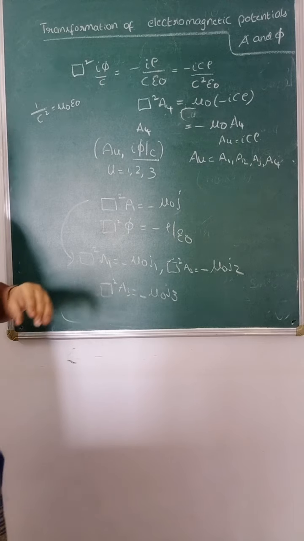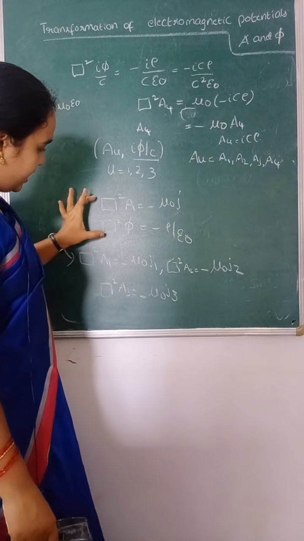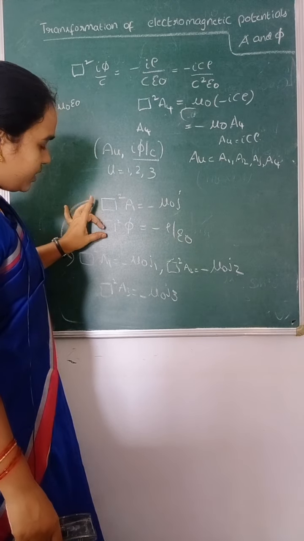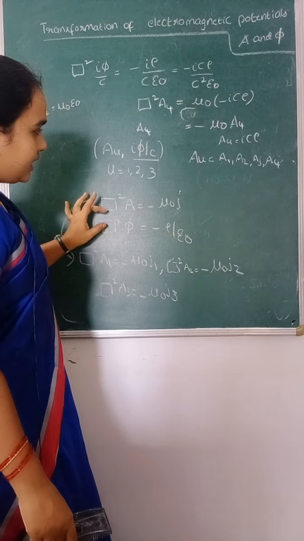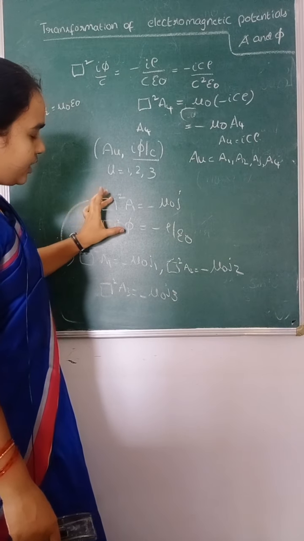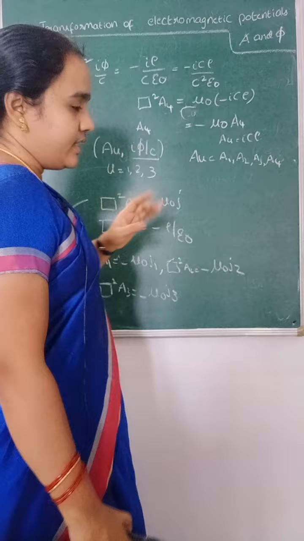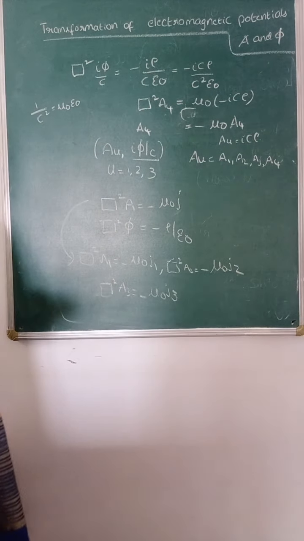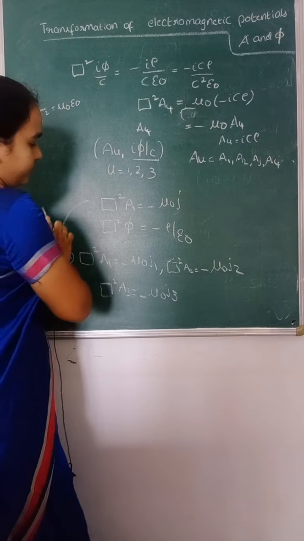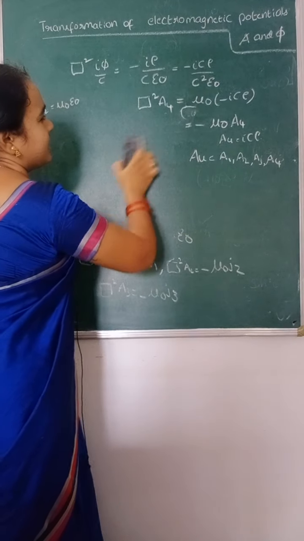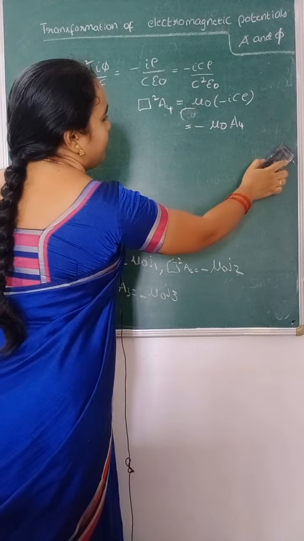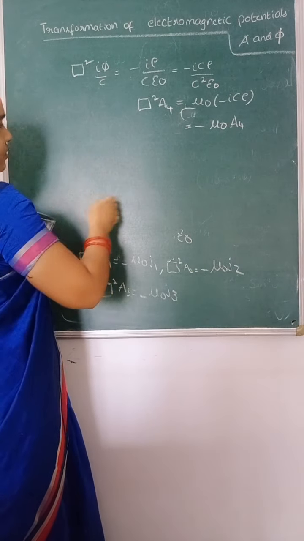In this way, we combine these two equations, and a common equation is derived from them. So what are the two equations? From this, del squared A4 is equal to minus mu naught J4.